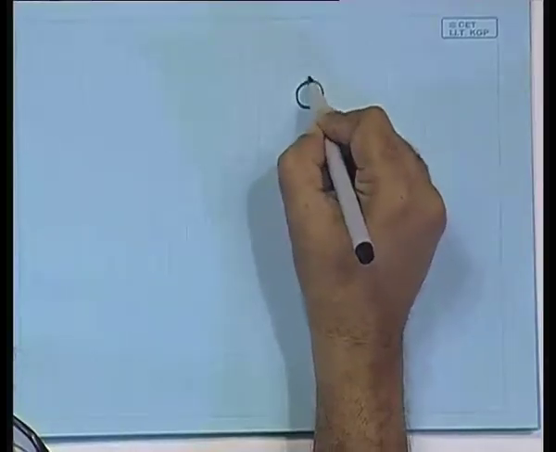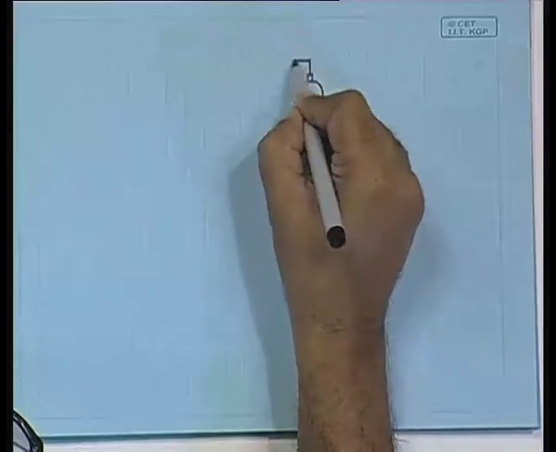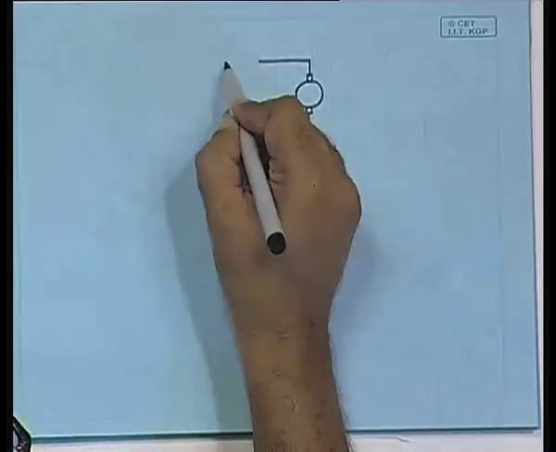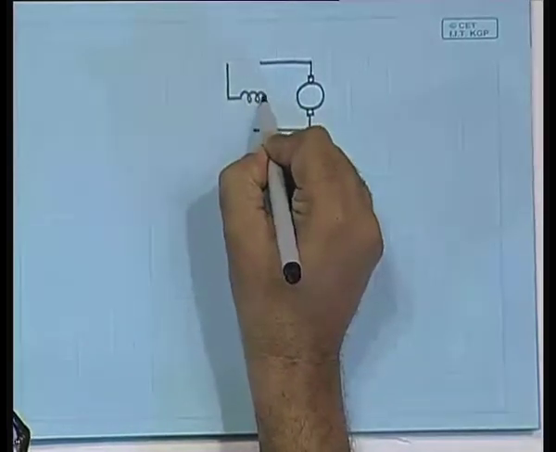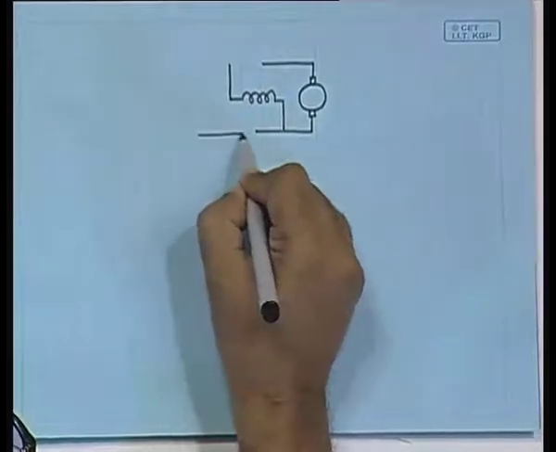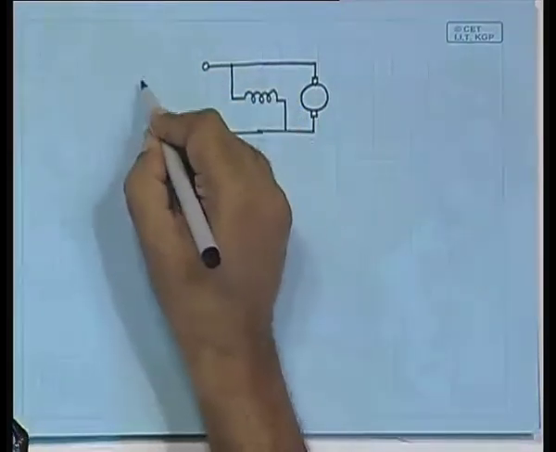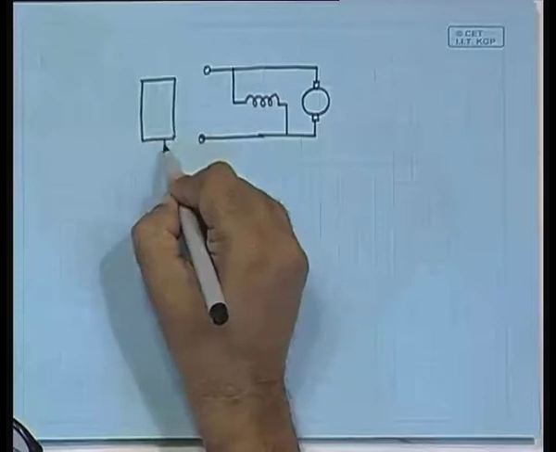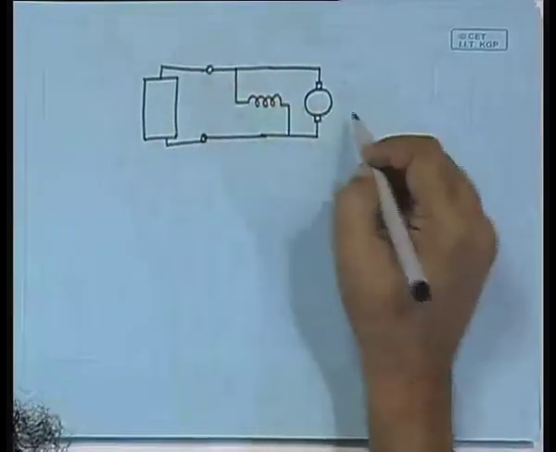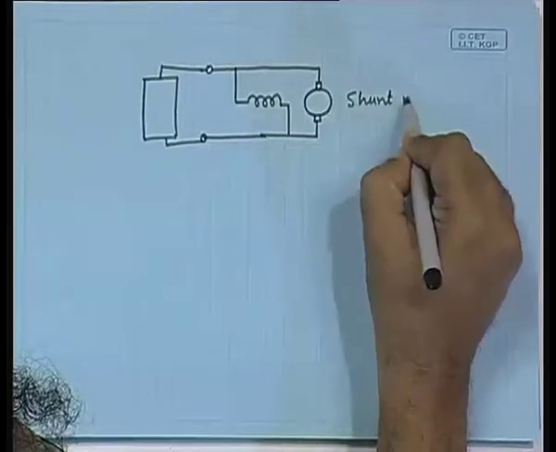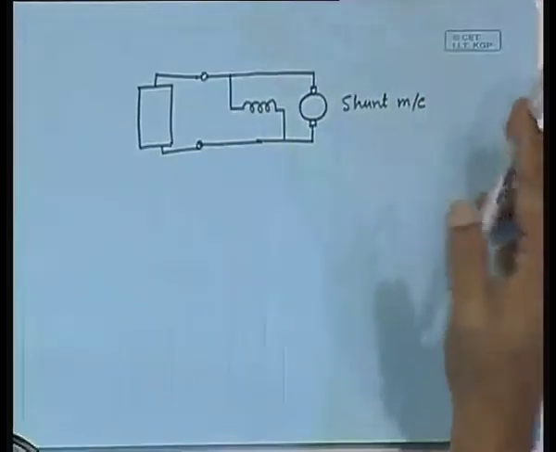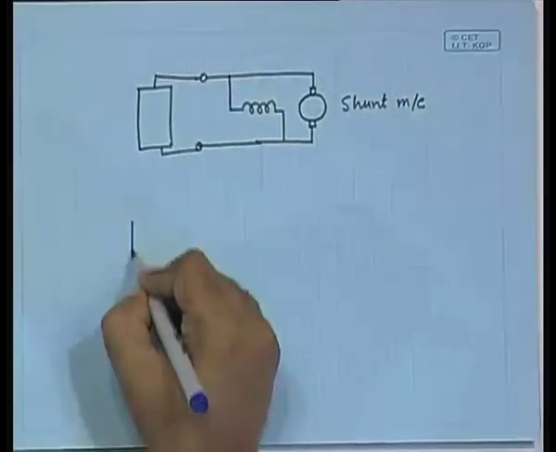Now, suppose you use a DC machine, then what happens? If you use a DC machine, let me draw the diagrams for 3 different types of DC machines. You have got the machine armature like this, and the shunt field in case of the shunt machine like this. And this is the terminal, and we assume that you have connected a photovoltaic panel to give the supply. That is the shunt machine. Then let us draw the series machine.